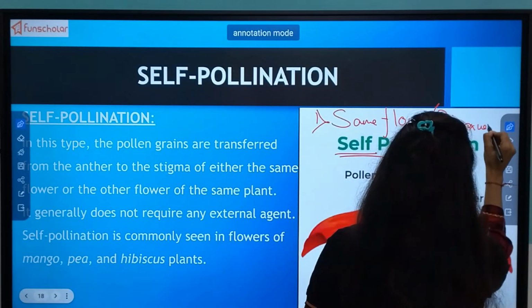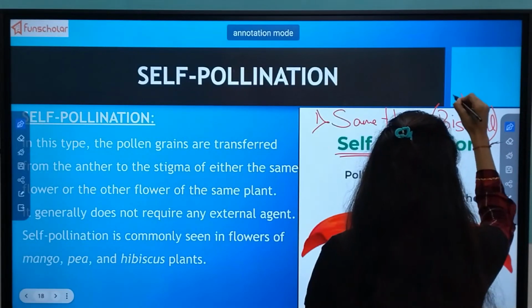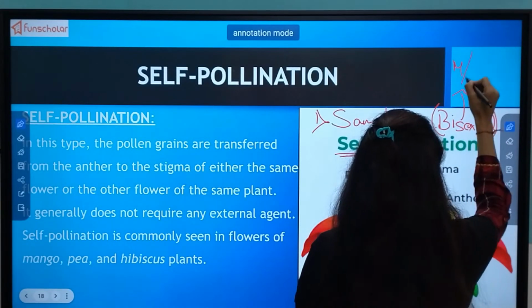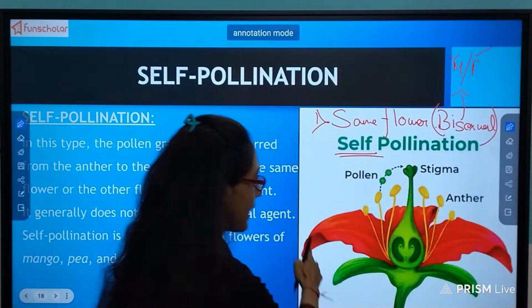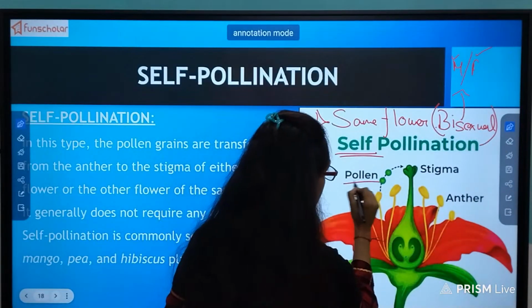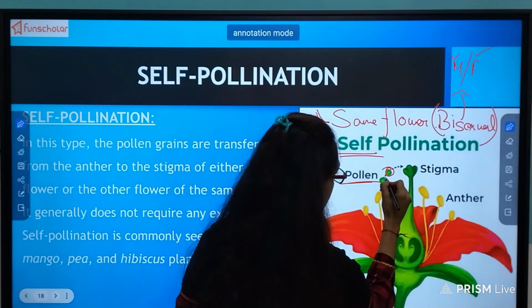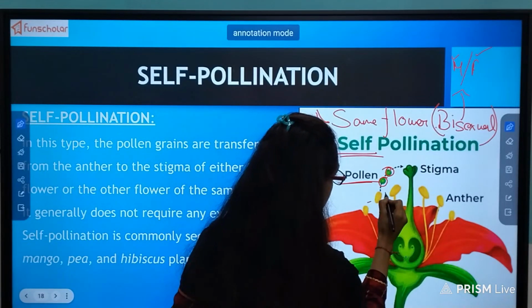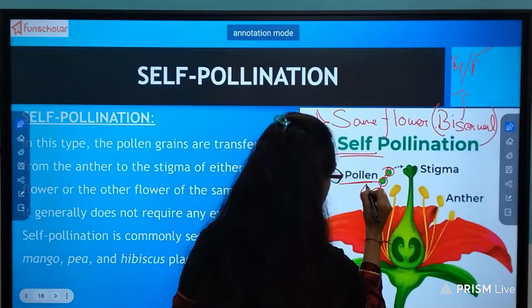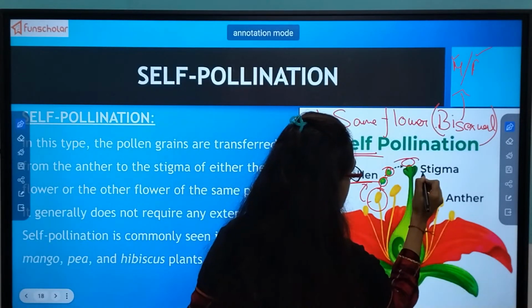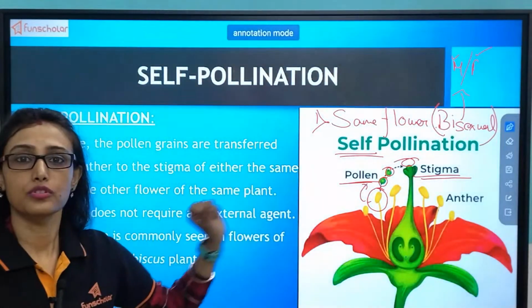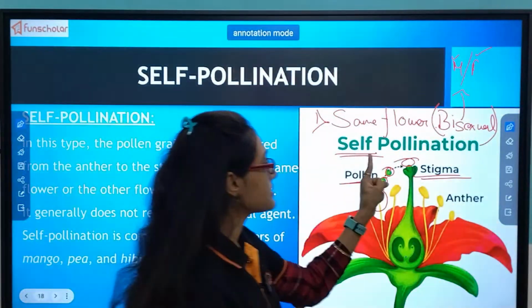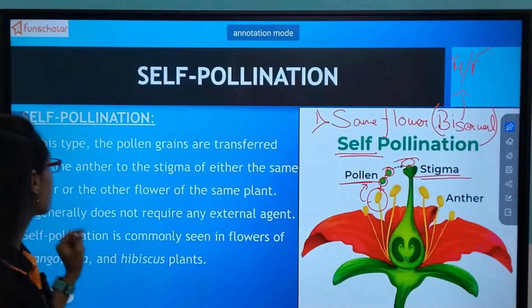And what is the meaning of bisexual? That both male and female parts are present in the same flower. See, this is the pollen grain which is created by the anther, and it goes and sticks to the stigma of the same flower. So this process is known as self-pollination.